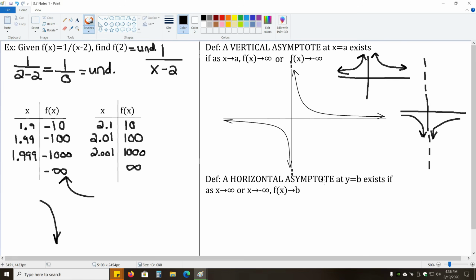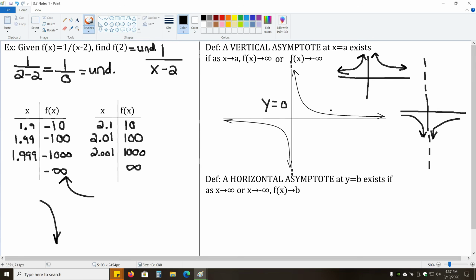Now this seems a little bit more complicated to think about, but we've actually already shown an example of this. In the following problem, y equals 0 has a horizontal asymptote. Notice as x approaches negative infinity, the graph approaches y equals 0.